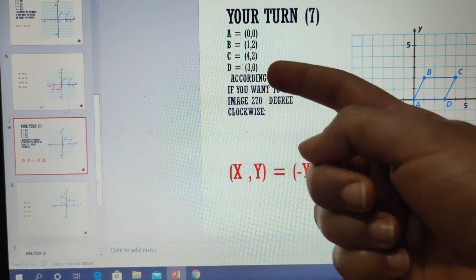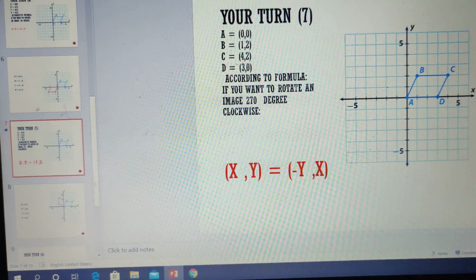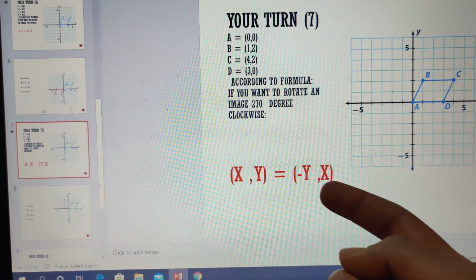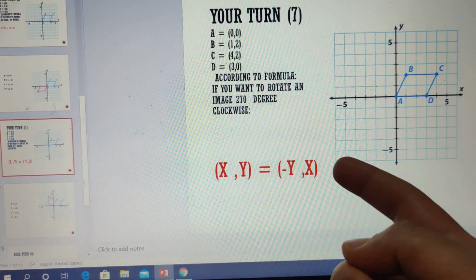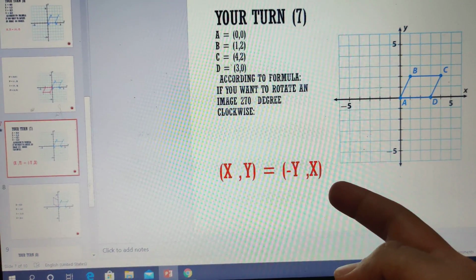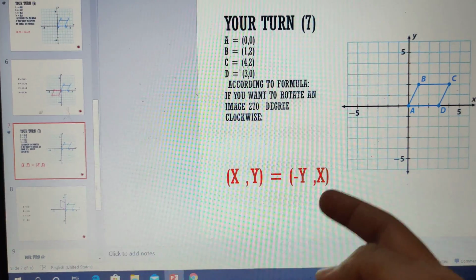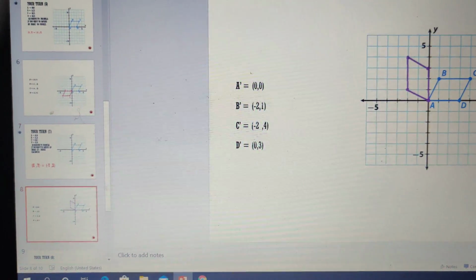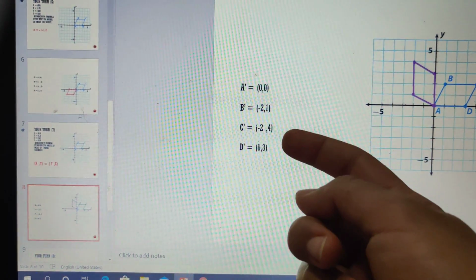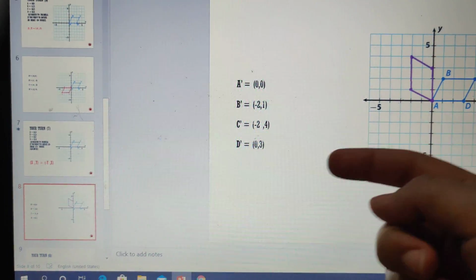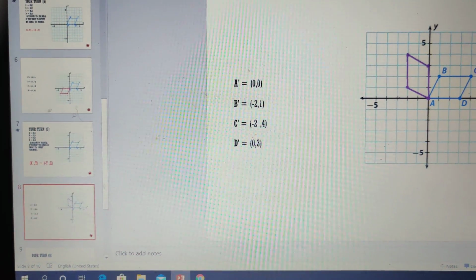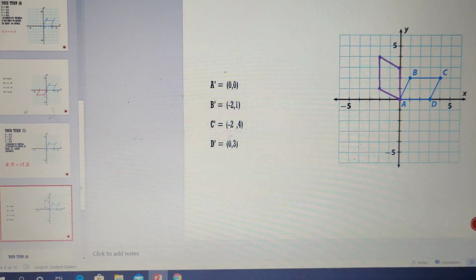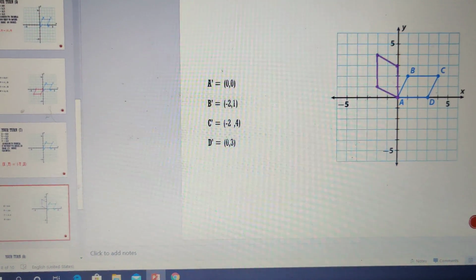I wrote the coordinates for the image: A, B, C and D. Now I will use this formula to rotate the image 270 degrees clockwise. I use this formula, and here are the new coordinates. According to these coordinates, put the points on the image, and this is your rotation for 270 degrees.